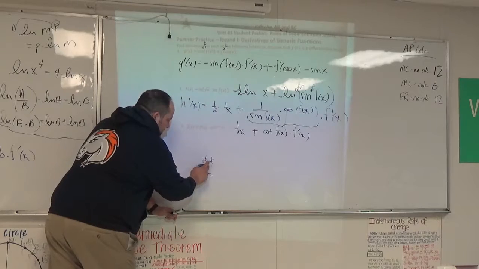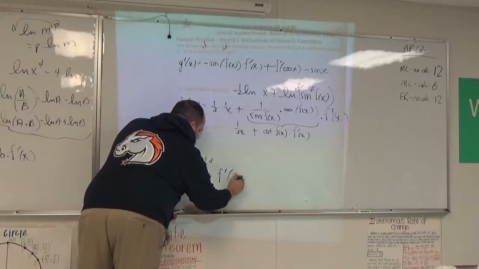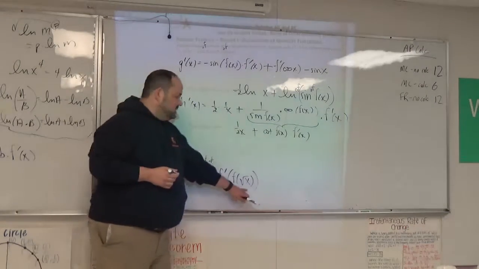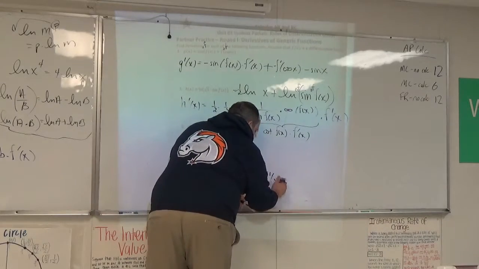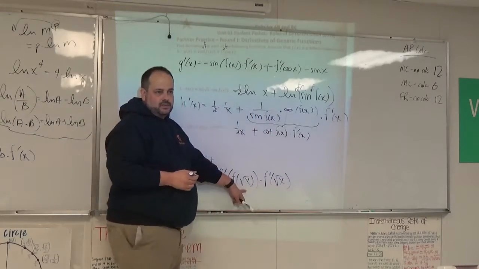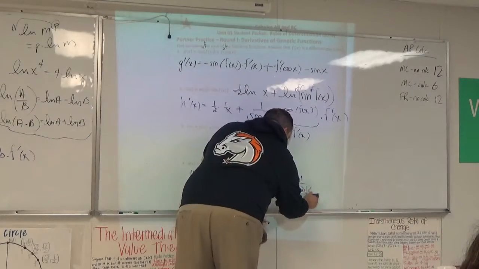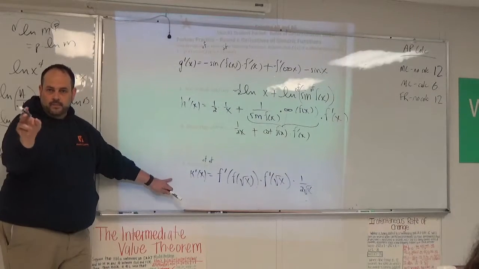Derivative of f of square root of x. Chain rule. F prime, leave her babies alone, times the derivative of the baby, which is f prime of the square root of x, times the derivative of the square root of x, which is 1 over 2 square roots of x. Everybody good with that one?